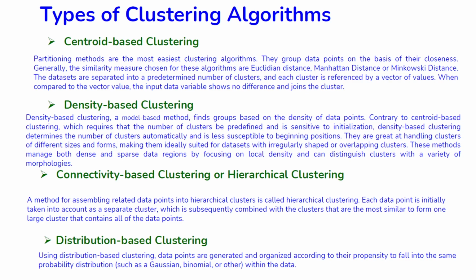Point to be noted is that in centroid based clustering, the distance matrix can be of different types: Euclidean, Manhattan, or Minkowski. These distance formulae are used to calculate the distance of any point from the arbitrarily chosen centroid, and then we can decide about that.